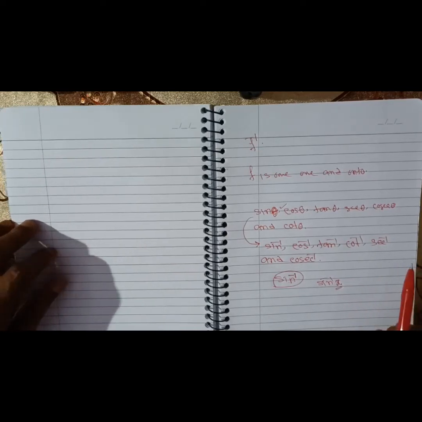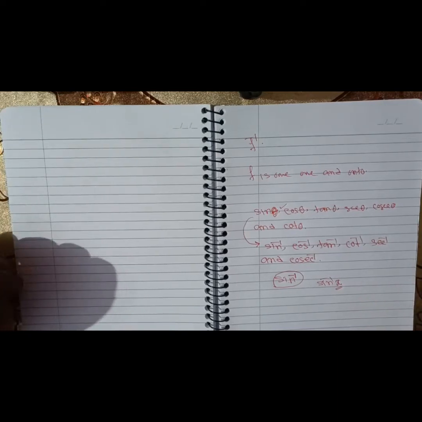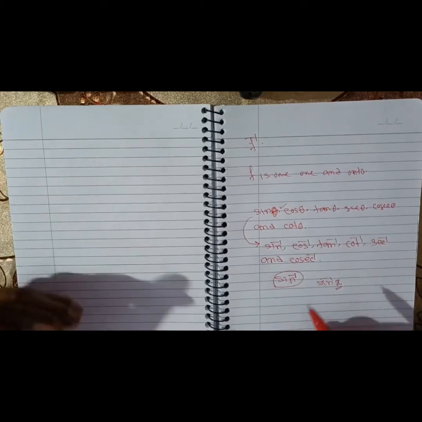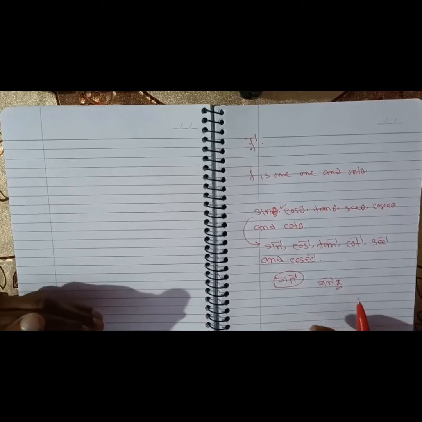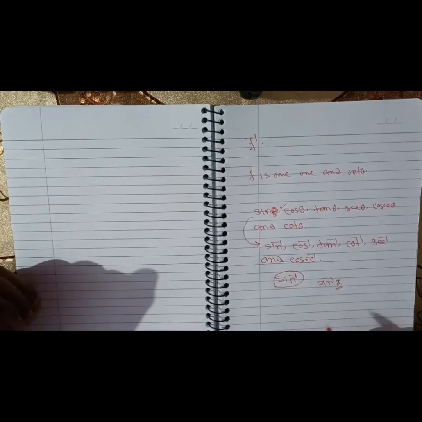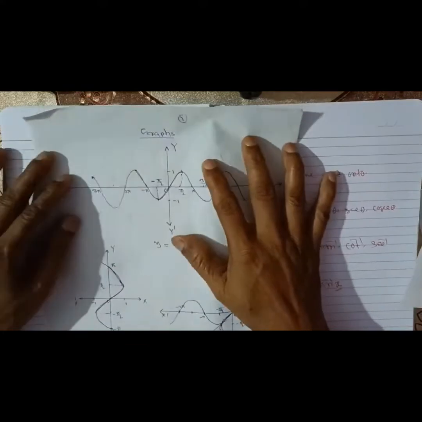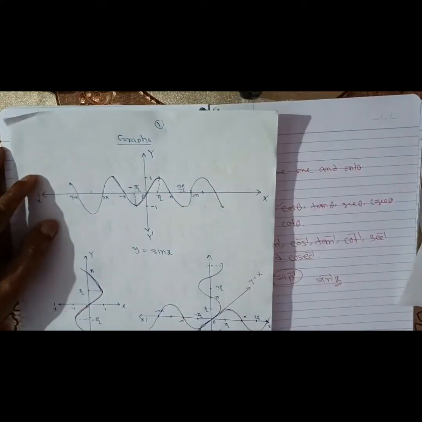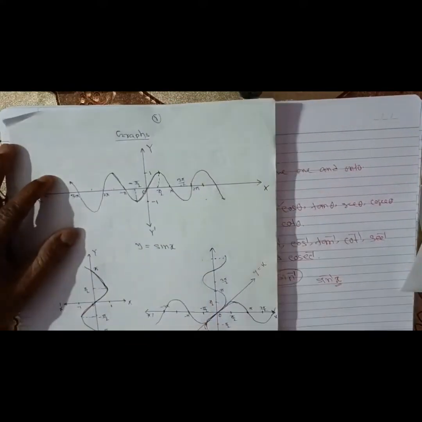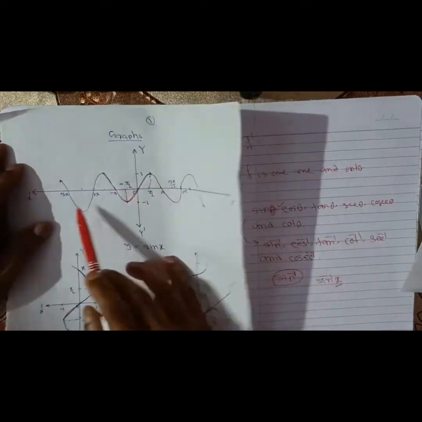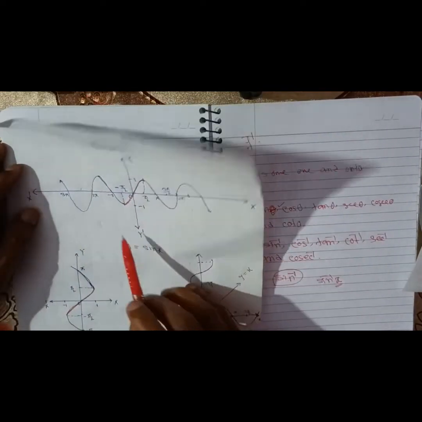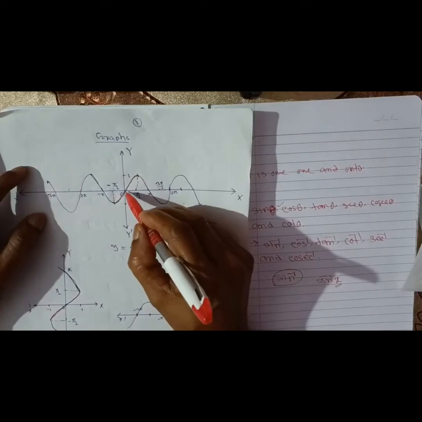Actually, trigonometric functions have no inverse, but some restriction is there to make them invertible. Such restrictions are given on a graph. The graph is this. That is the x-axis, that is the y-axis, and this is the graph of sine.